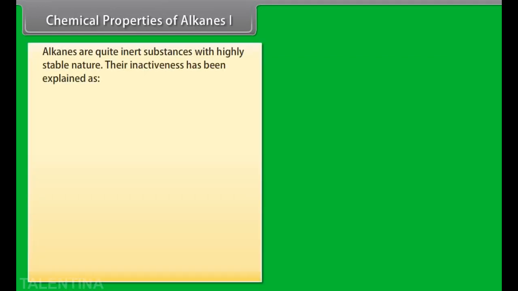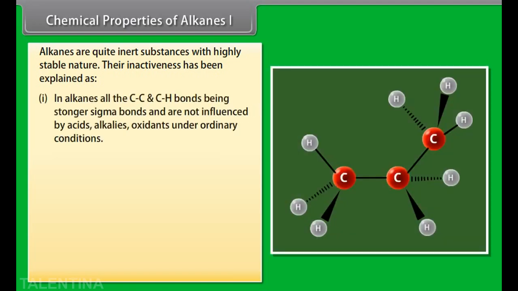Chemical properties of alkanes. 1. Alkanes are quite inert substances with a highly stable nature. Their inactiveness has been explained as: Number 1. In alkanes, all the carbon-carbon and carbon-hydrogen bonds are strong sigma bonds and are not influenced by acids, alkalis, or oxidants under ordinary conditions.